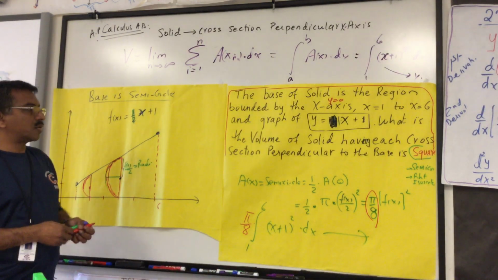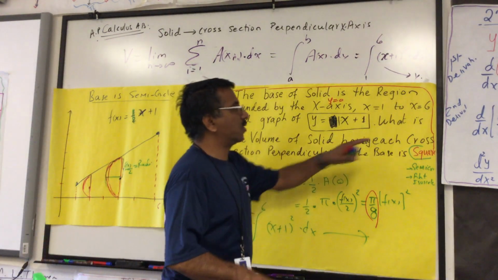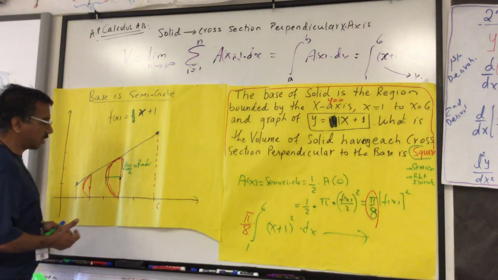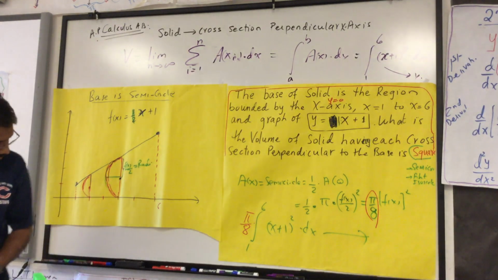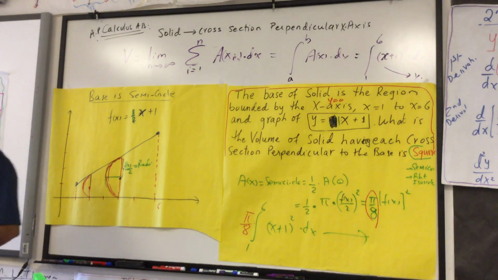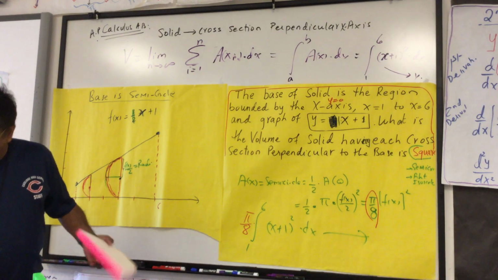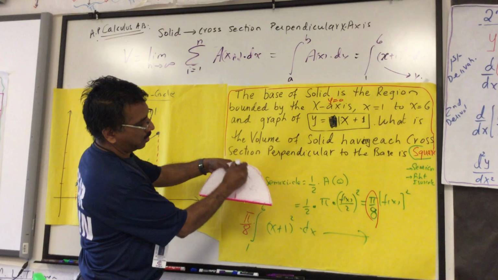Okay, so that was if the question asked for a cross section that is a semicircle. What if the cross section is a right isosceles triangle? Each one, whatever this semicircle is, we are going to draw like this. If this is the semicircle, this is the diameter.